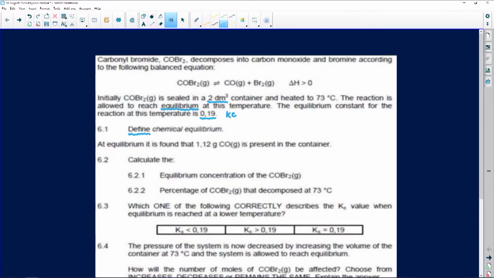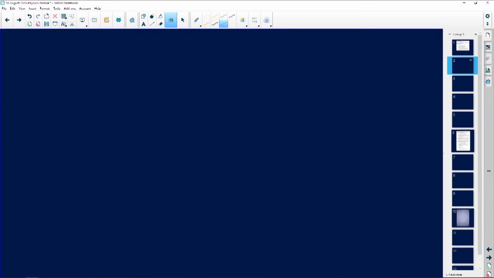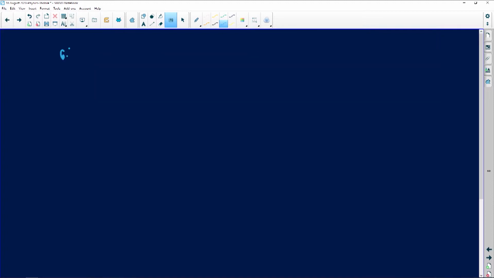So let's define the term equilibrium, and that is 6.1. In 6.1, we need to define equilibrium, and the definition is: the stage. Now we know that it is a stage because reactants are being used and products are being formed.